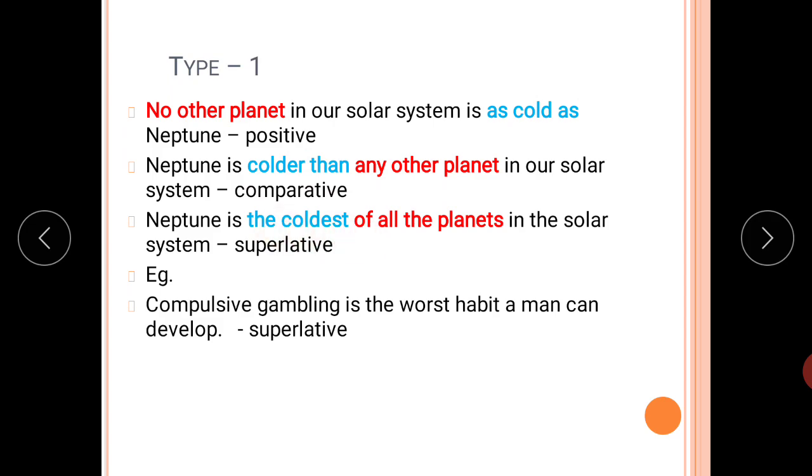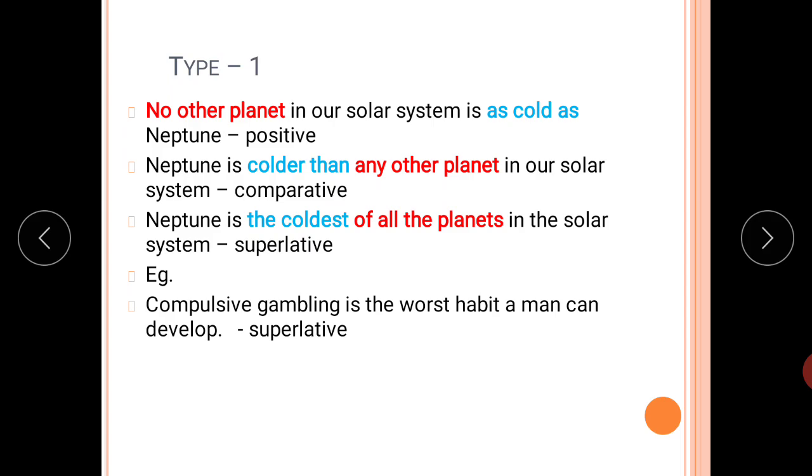So I have given you an example. I have not begun with positive and comparative, but I have given you superlative. Change this into positive and comparative. Compulsive gambling is the worst habit a man can develop. It is given in your book exercise for 12th standard, page number 157, 158.